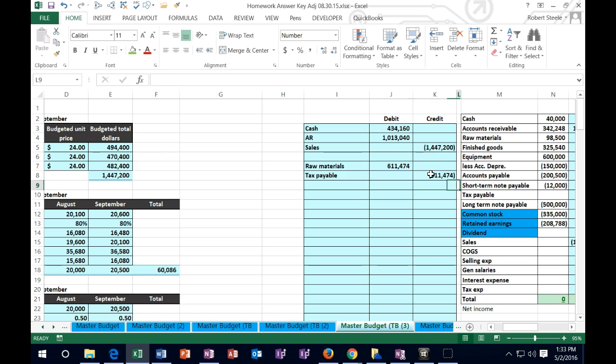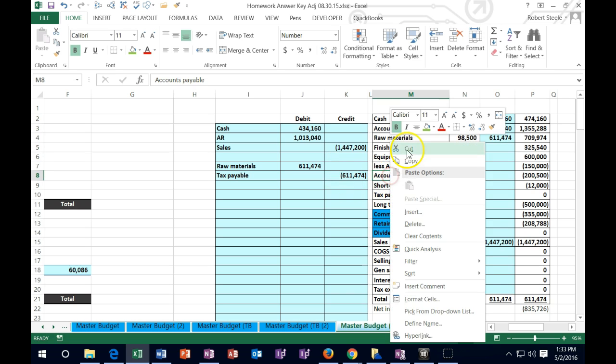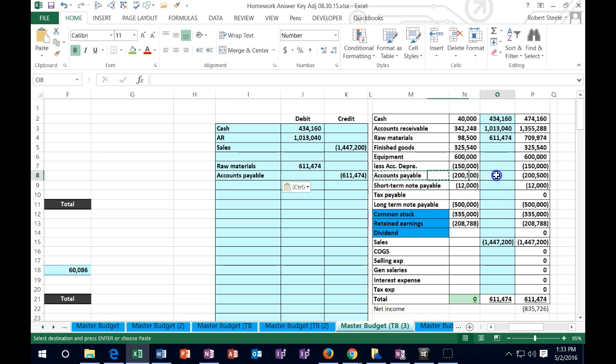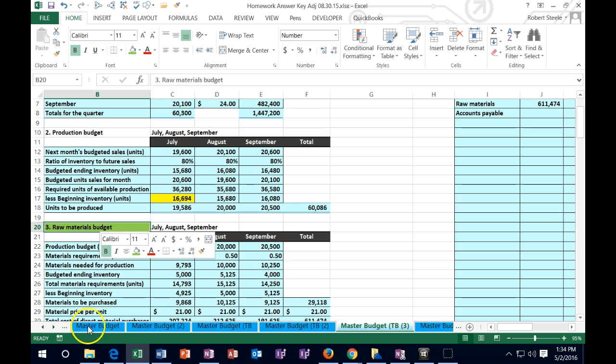Again, we haven't recorded the payment of cash for some of them, but that'll record the purchases. So raw materials is going to go up here, and not tax payable, it should be accounts payable. And then accounts payable will be here, and then we'll record that transaction.